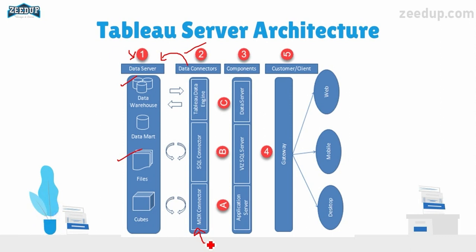Extracted or in-memory data allows the users to visualize the data offline without connecting to the data source. It has another advantage. Suppose you have imported the data and your data source gets deleted, then also no effect is going to be on the workbook that you have created, because Tableau creates a copy of that particular data in its data engine and it uses that copy to generate the workbooks or the dashboard or any kind of visualization.